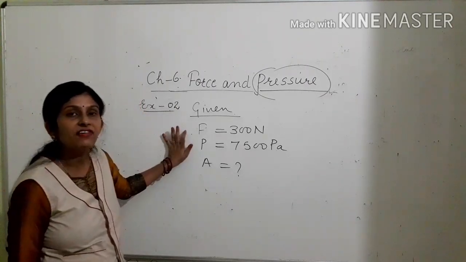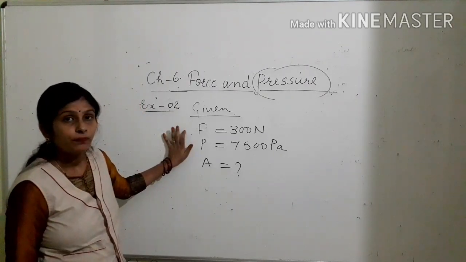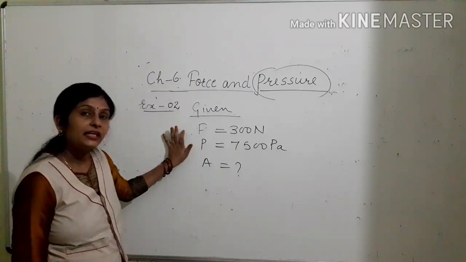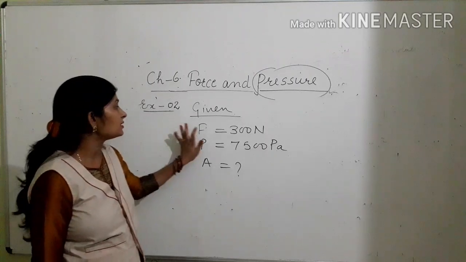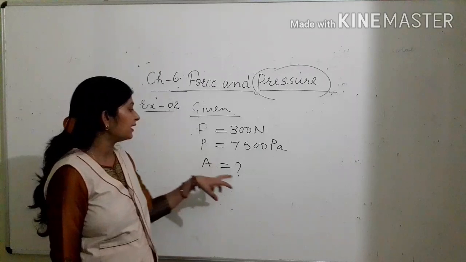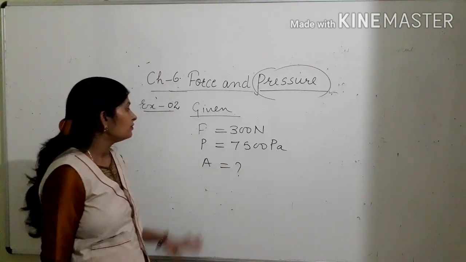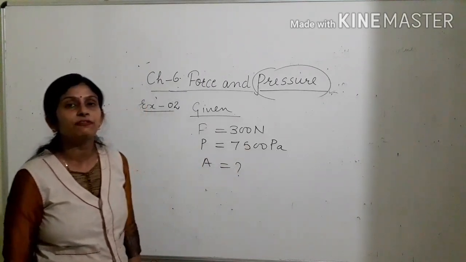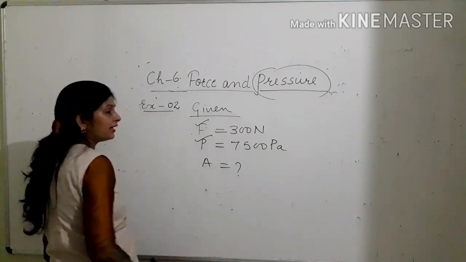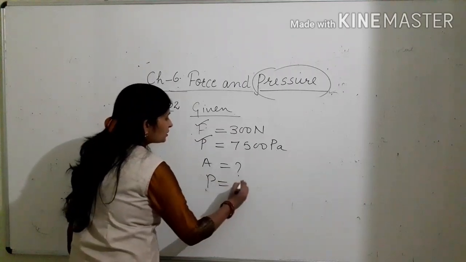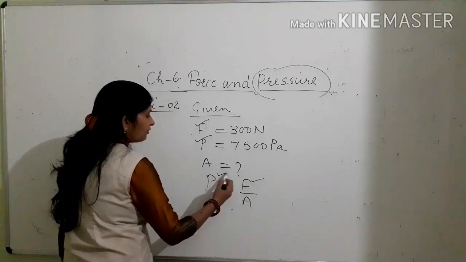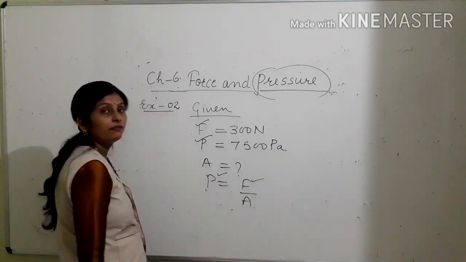There is a box having a weight of 300 Newton and, equal to its weight, it exerts a force of 300 Newton on a certain area which we have to find out, which creates a pressure of 7500 Pascal. So force is given, pressure is given. We have to find area. Pressure is equal to force upon area. We have force, we have pressure. Area we will calculate.